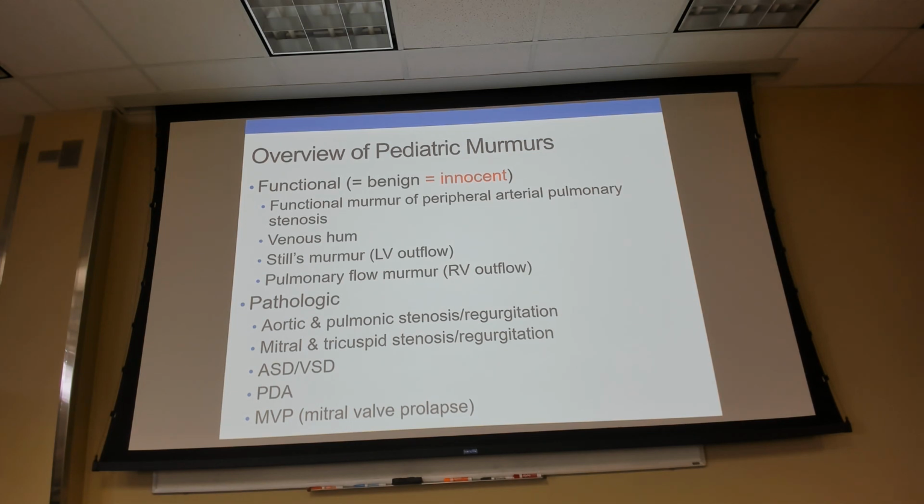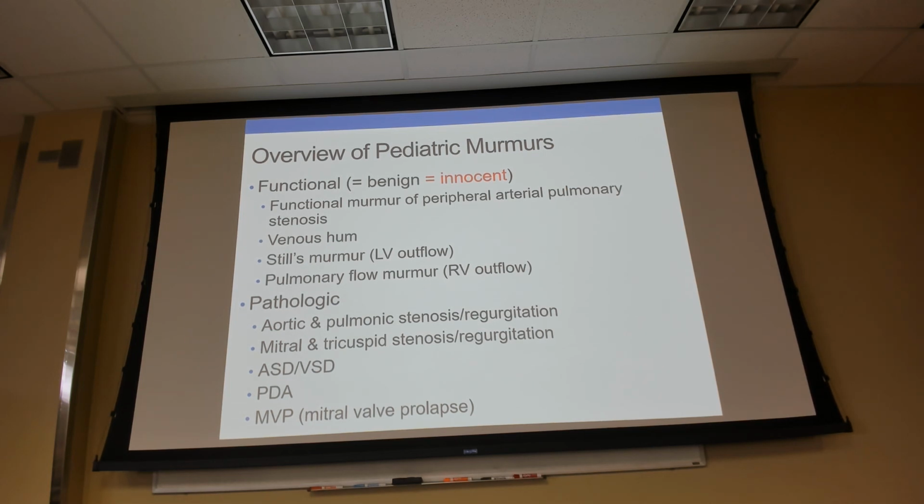We'll look at some of these on the next slide: a venous hum, normal physiology. Still's murmur, normal physiology. Pulmonary flow murmur, normal physiology. What you're hearing in a pathologic murmur is when the anatomy is not correct. You're hearing the abnormal physiology. So you're still hearing the blood flow, but now it's pathologic because the anatomy is not normal.